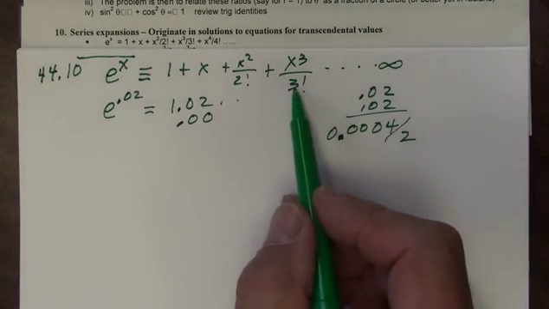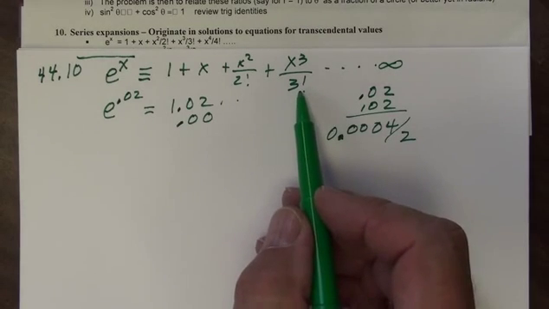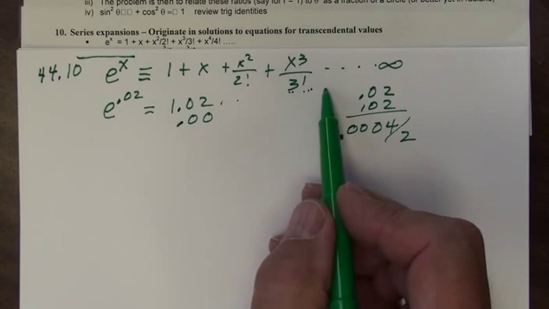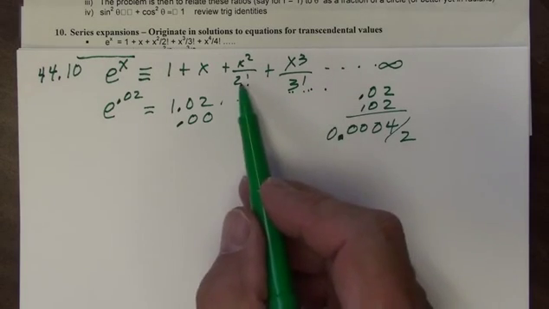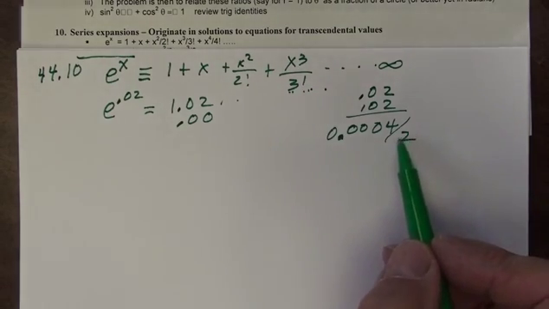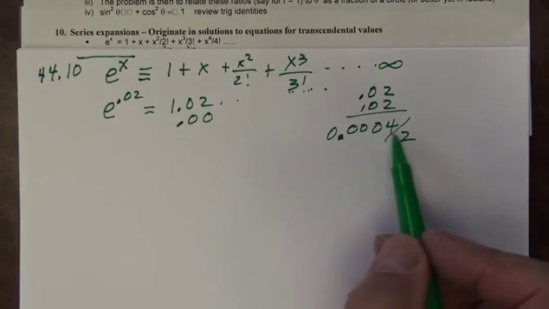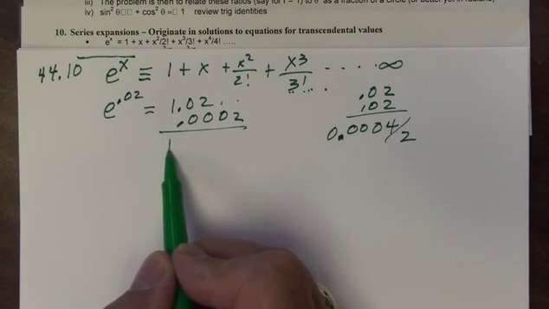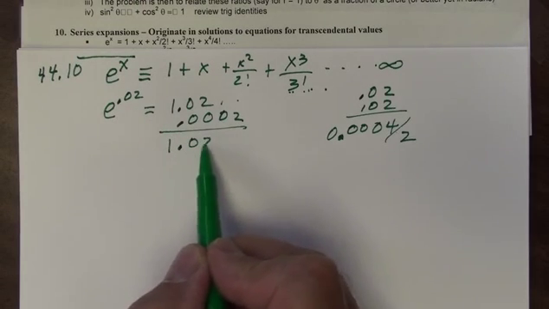And you recall that n factorial is n times n minus 1 times n minus 2, and so on. So 3 factorial is 3 times 2 times 1, which is 6. 2 factorial is 2 times 1, which is 2. So I divide this by 2, and I get 0.0002. And so a little bit more accurate answer would be 1.0202.